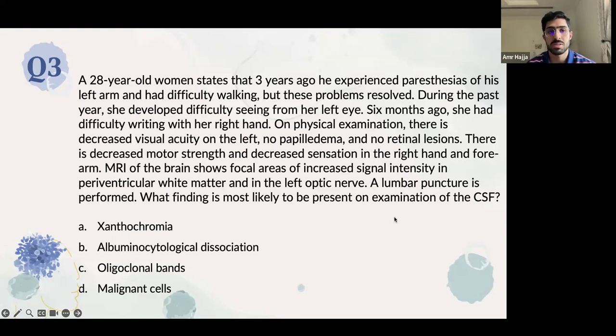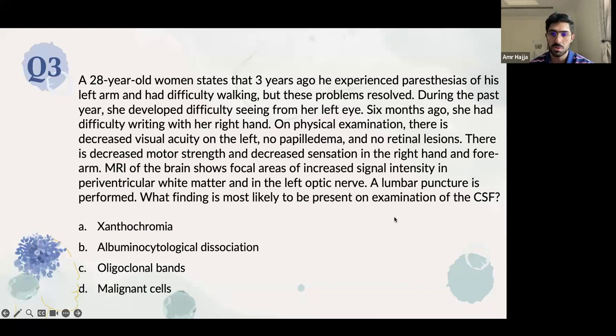On physical examination, there is decreased visual acuity on the left, no papilledema, and no retinal lesions. There is decreased motor strength and decreased sensation in the right hand and forearm. MRI of the brain shows focal areas of increased signal intensity in the periventricular white matter and in the left optic nerve. Lumbar puncture is performed. What would you see on CSF analysis?